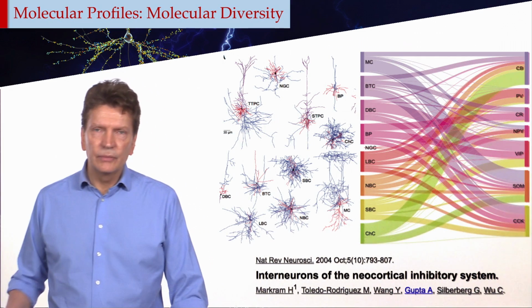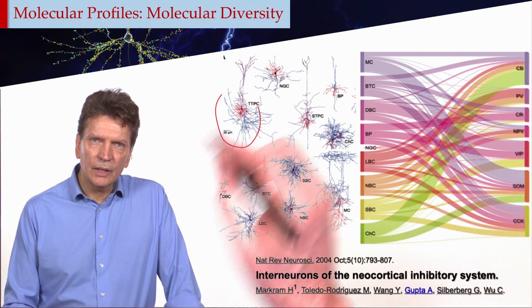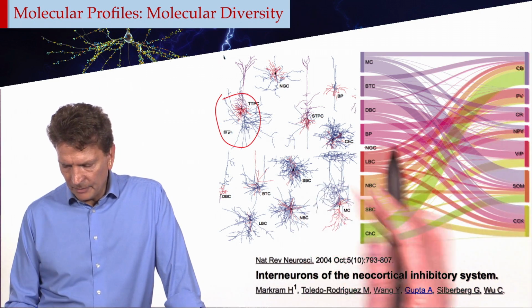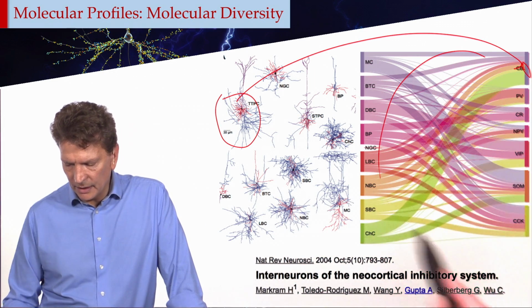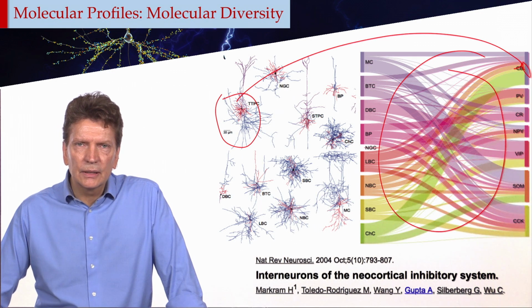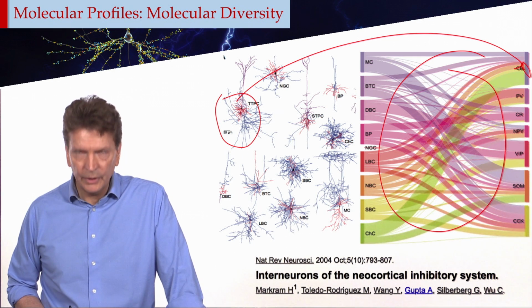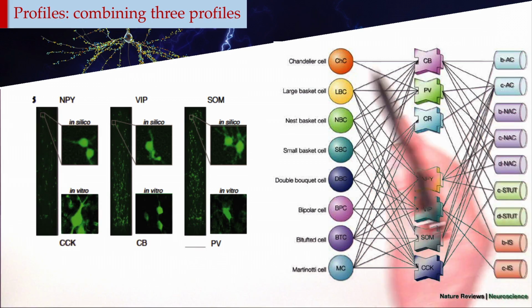The molecular diversity can be mapped, so you have your morphologies over here, and you can also map them to the electrical properties, so you can produce this kind of map, which tells you how many combinations you can have, which we also spoke about previously. But what is exciting about this is that you can continue this map.